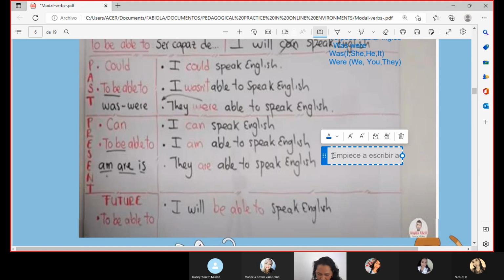Go thinking, please, Nicole. And Marisela, go thinking of an example, applying this kind of modal verbs. Nicole, the next one, Gabriela. The next one, Marisela. And Dani. And Carolina.